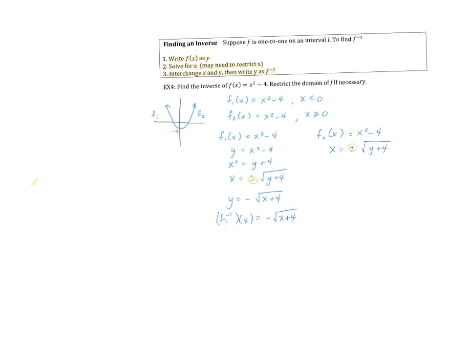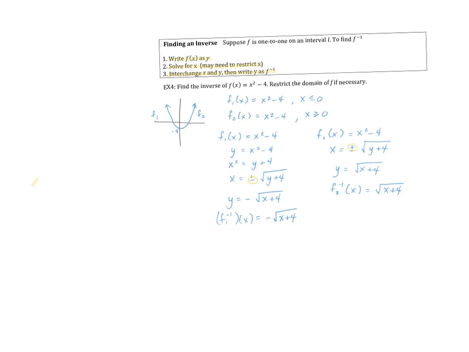And exchanging x and y, I get y is equal to the square root of x plus 4, and I'm going to replace y with inverse function notation. Oops, sorry, 2. Alright, so those are my two inverse functions for my original function f.